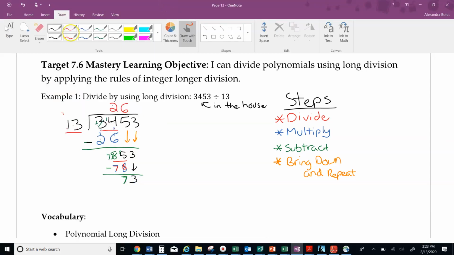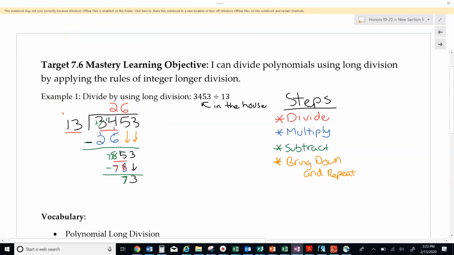Now, how many times does 13 go into this 73? Well, we already knew 6 times gets us to 78, and that's already over that. So I'm going to guess it's 5 times. 5 times 3 is 15. Again, it has a 1 carried. 5 times 1 is 5, plus 1 is 6. Subtract again.